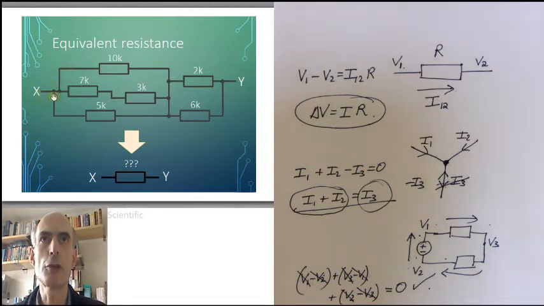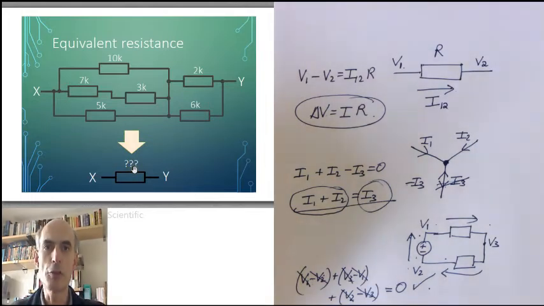So if you built a circuit with these resistors in it and replaced these resistors with this single resistor of the right value, then the rest of the circuit would behave exactly the same.